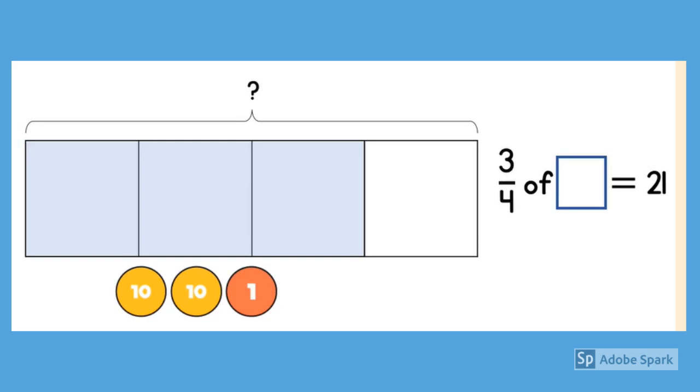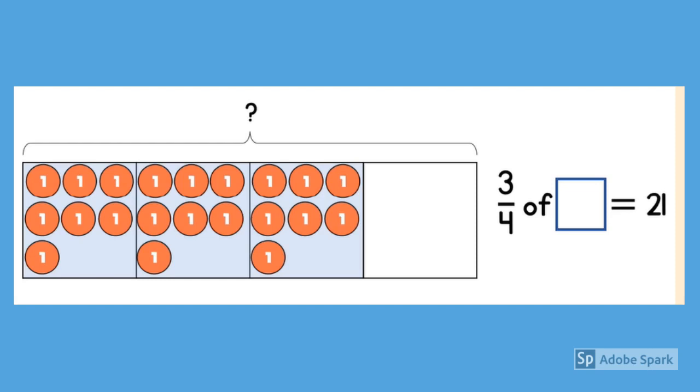Well, we can see that 3/4 of something is equal to 21. So we have a bar model which is split into 4 equal parts. The total is the question mark. We need to work that out. I have 21 in place value counters, but how can I share it out? That's right, we exchanged the 2 tens value counters into ones, and we distributed the ones value counters into 3 of the 4 boxes.